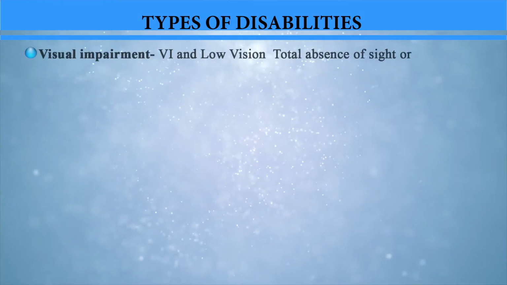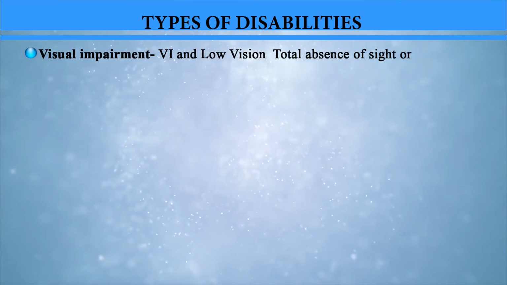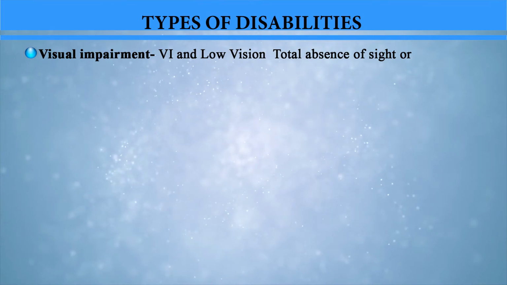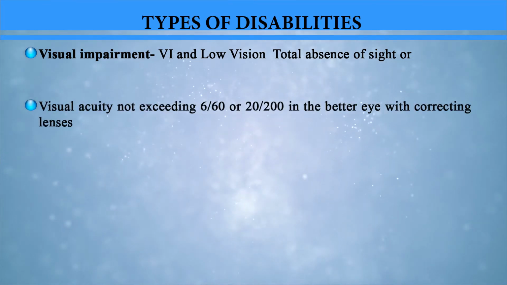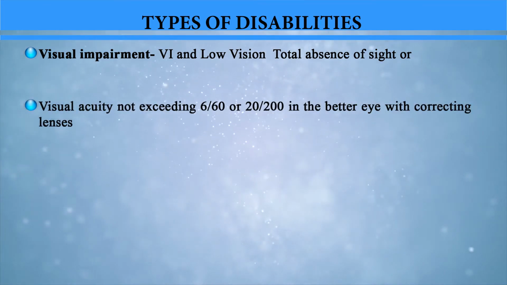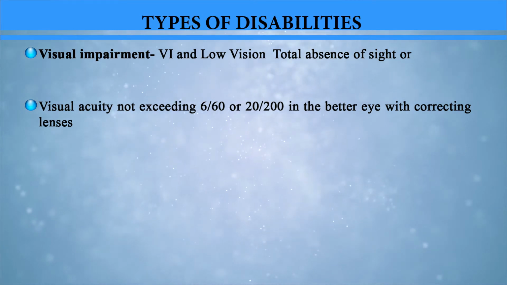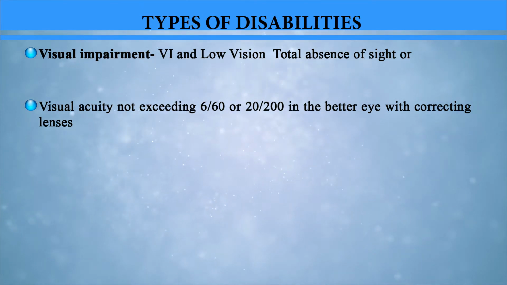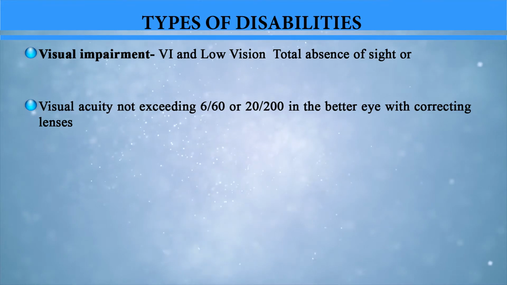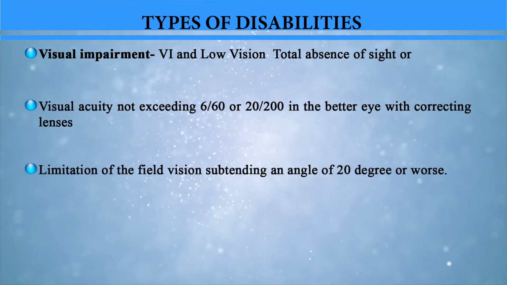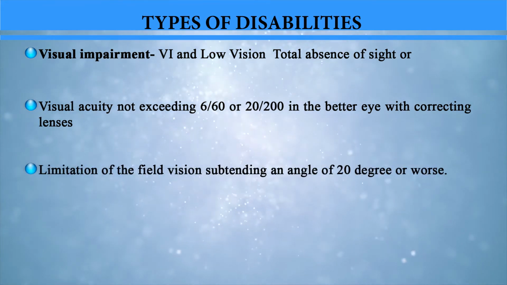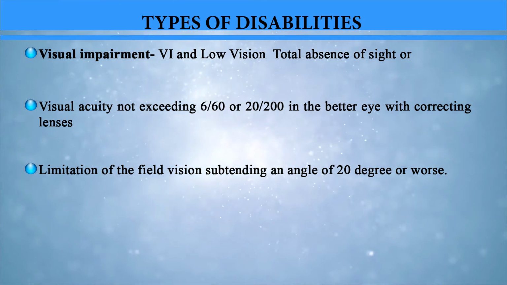And then there is visual impairment. In visual impairment, two types of conditions are covered: blindness and low vision. Blindness means total absence of sight or visual acuity not exceeding 6/60 or 20/200 in the better eye with correcting lenses, and limitation of the field of vision extending an angle of 20° or worse.